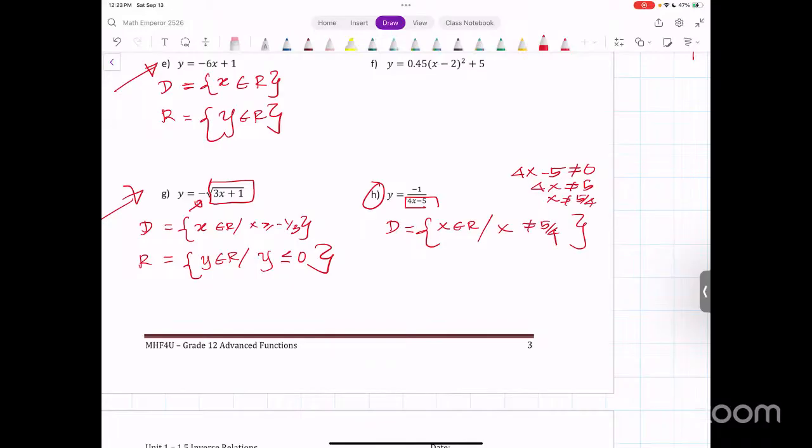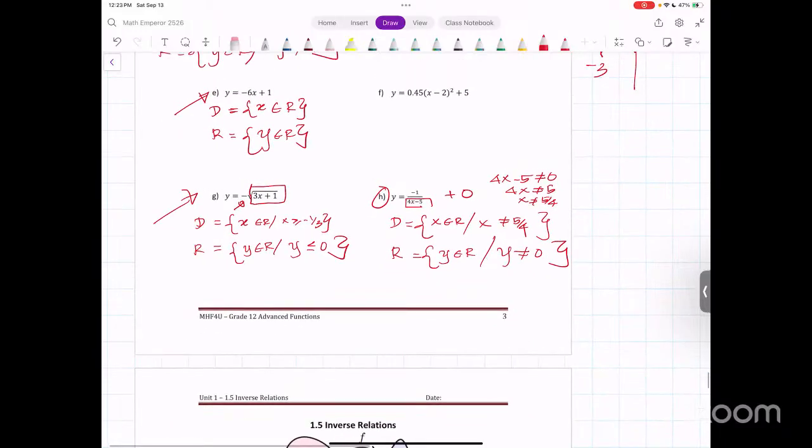So are you following that, sir? Yeah. The range, what is the range? Y belongs to the reals. When we don't have a number here, there's a 0 sitting here. So y is not equal to 0. There's a horizontal asymptote.